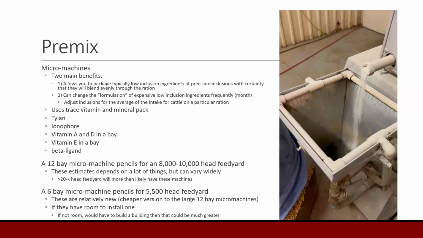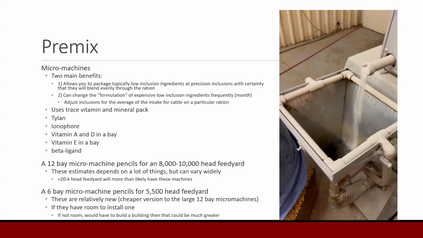So, two main benefits. It allows you to package typically low inclusion ingredients at precision levels. It has a very fine scale that it's measuring these out with, with certainty that it'll blend throughout the wider ration.